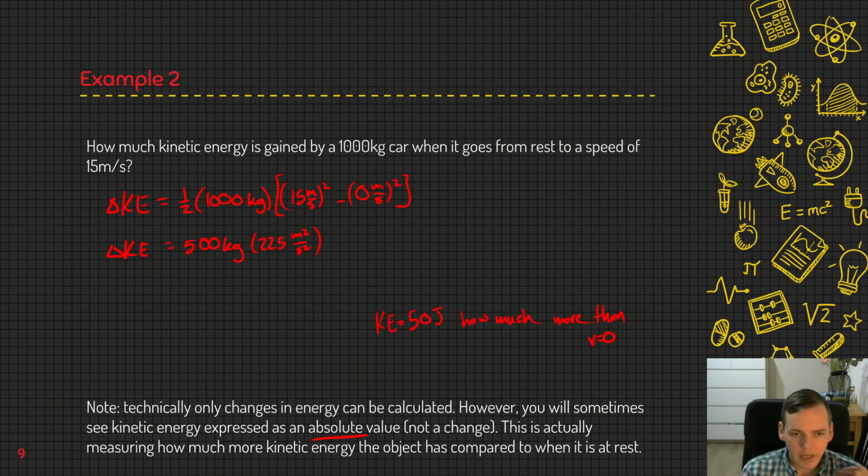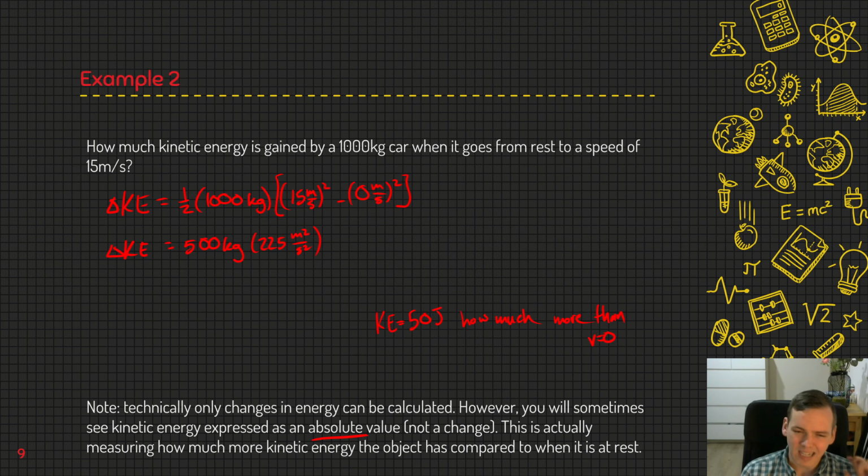So in order to calculate energies, we always have to calculate changes, but there are some natural reference points that make sense. For example, a speed of 0, that if we compare to, we can say this absolute value of the kinetic energy is some number.